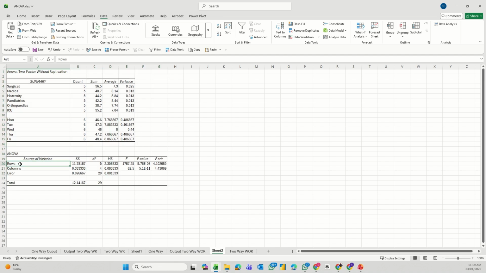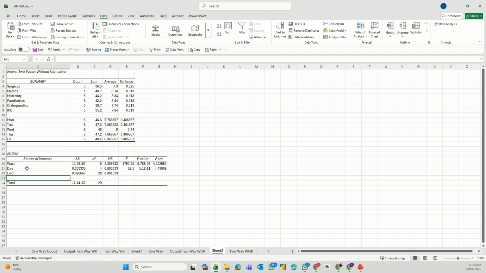What were our rows? Our rows were words, and our columns were days. Don't forget that our satisfactory level was what I said was our dependent variable.